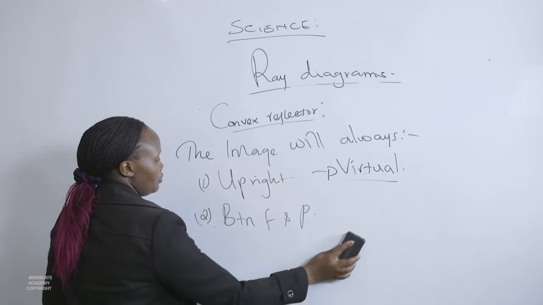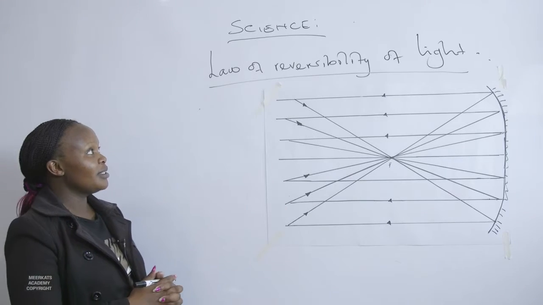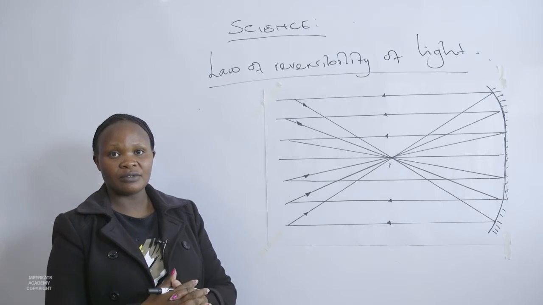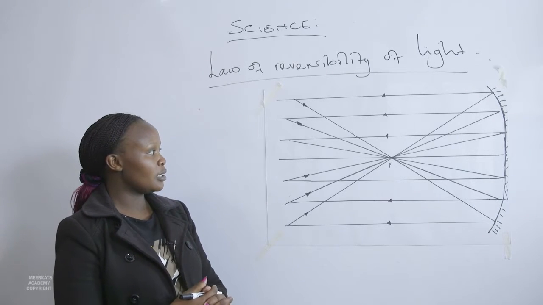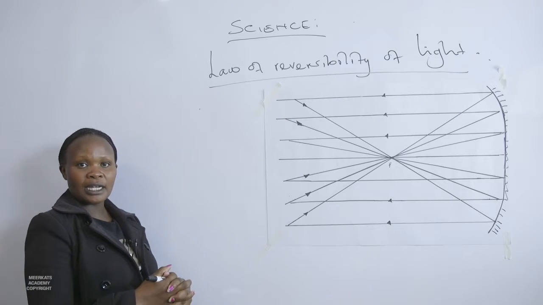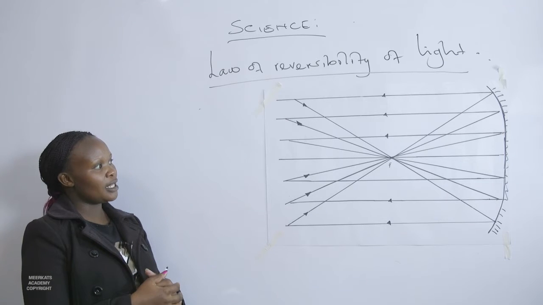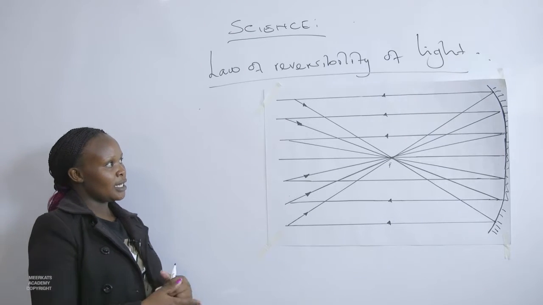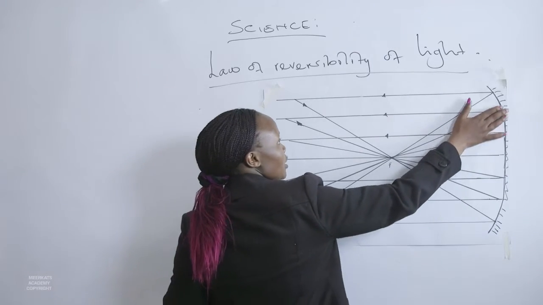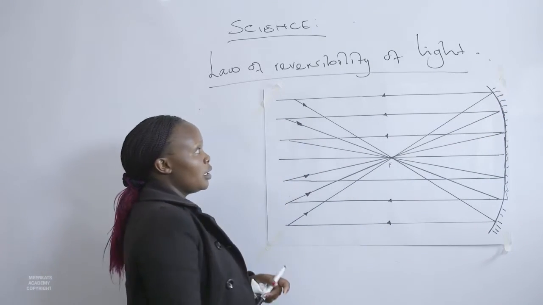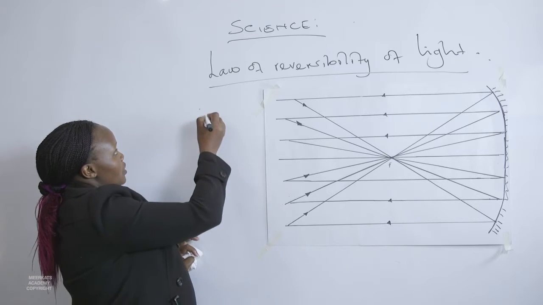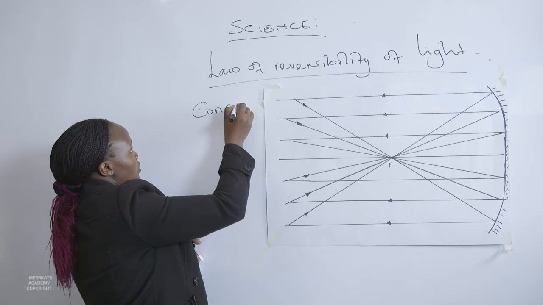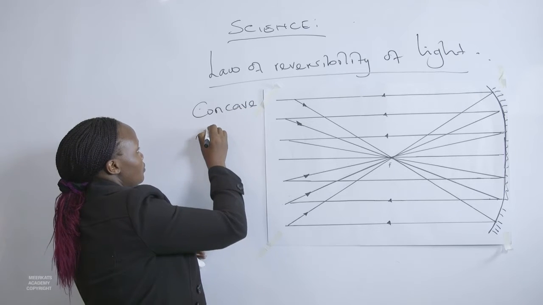Now, let us look at the law of reversibility of light. In this case, we want to find out, can light trace its own path again? Now, we consider a concave reflector.